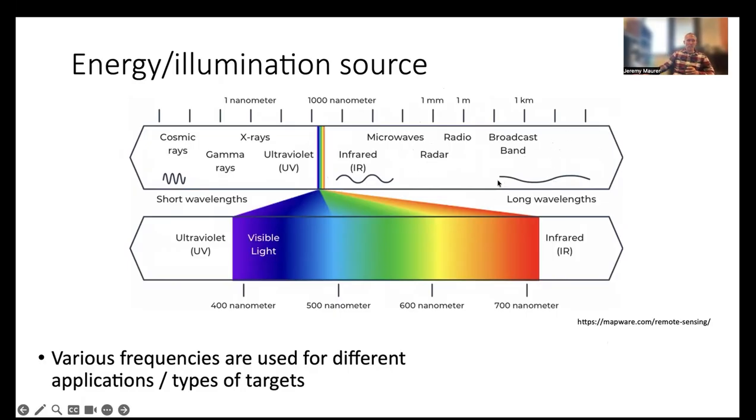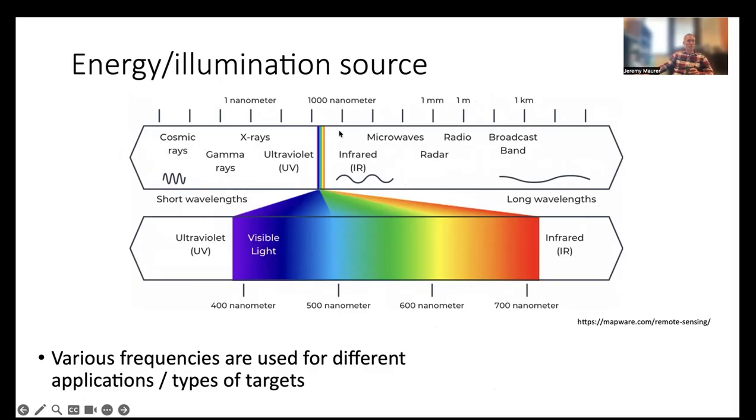And a wavelength, just as a reminder, is the distance between peaks or the distance between troughs in a single wave. Shorter wavelengths tend to have higher energy and are more dangerous. Cosmic rays, gamma rays, X-rays, those are all more dangerous. Shorter wavelengths, more energy. Longer wavelengths are lower energy, less dangerous to humans, and are useful for making remote sensing measurements.